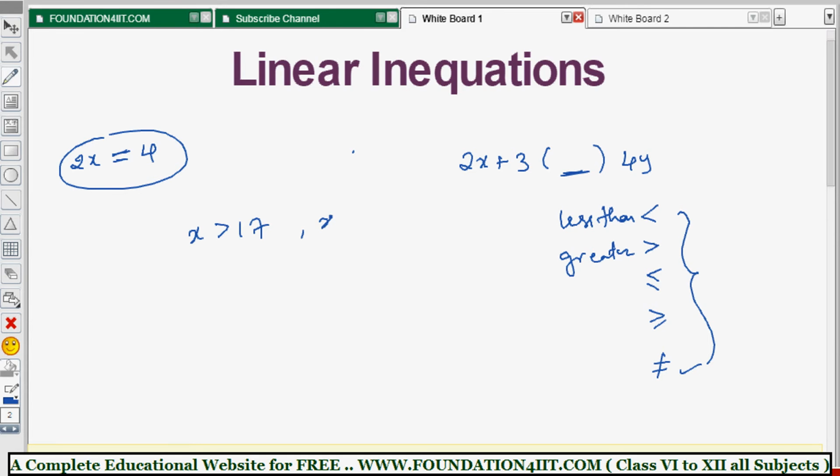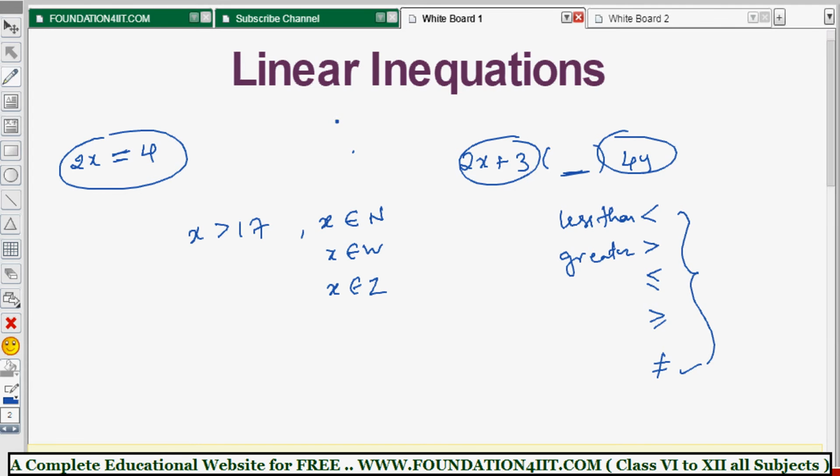And what does x belong to? Either x belongs to natural numbers, or whole numbers, or integers. Based on that also we can write the solutions. So we can conclude that a statement of inequality between two expressions is called an inequation, right?